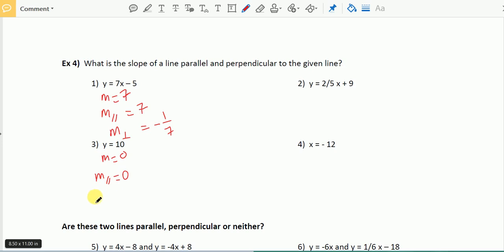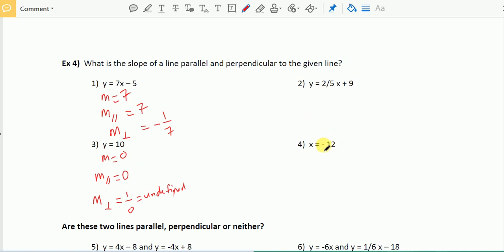However, for the perpendicular, we have the negative reciprocal of that. This is 0 over 1, and for the perpendicular case, we take 1 over 0. And you cannot divide by 0, so this is undefined. So for this horizontal line, the slope of the perpendicular line is undefined.